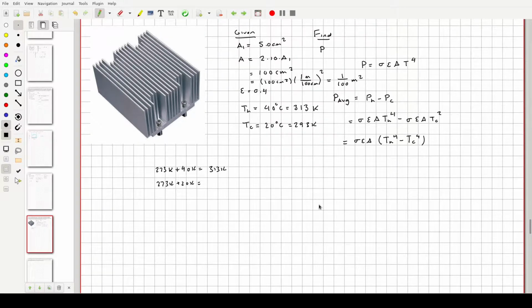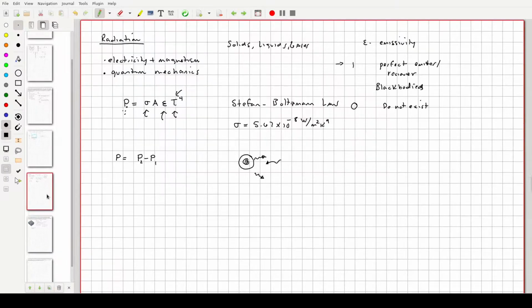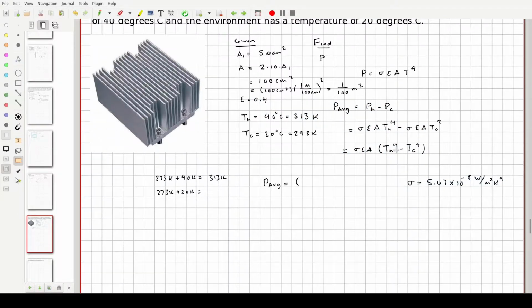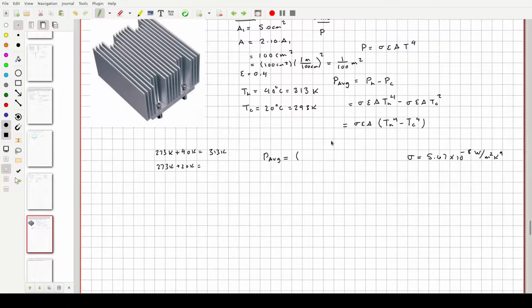All right. So let's go ahead and figure out what our average power emission is. So sigma, remember, is the Stefan-Boltzmann constant right here. So let's just go ahead and snag that. Sigma is 5.67 times 10 to the minus 8th watts per meter squared Kelvin to the 4th.